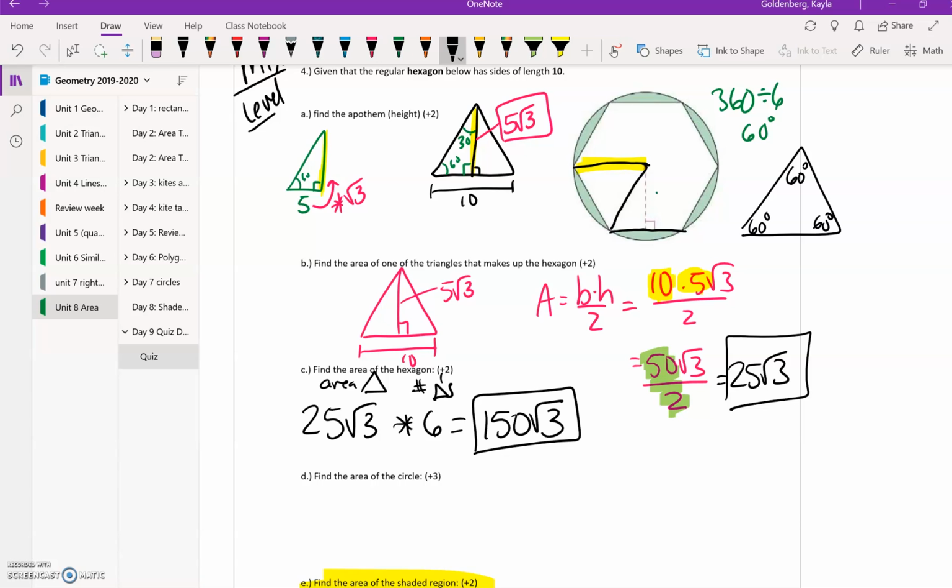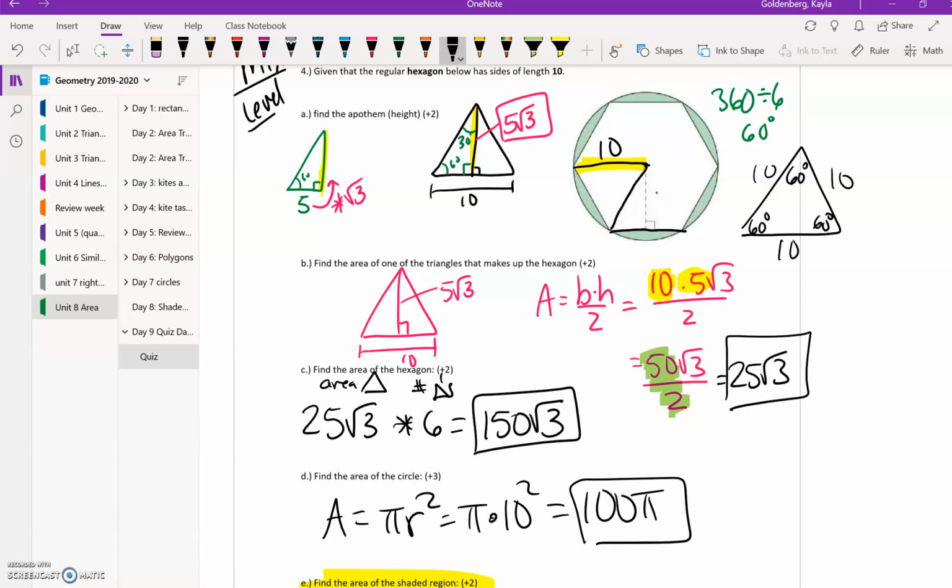If all the angles are 60 degrees, that means it's an equilateral triangle. And if your side was 10, that means all of your sides of your triangle are 10. And that means you can infer that the radius is 10. So if I want the area of a circle, that's going to be pi times radius squared. So pi times my radius, 10 squared. 10 times 10 is 100. I'm going to write my answer as 100 pi.